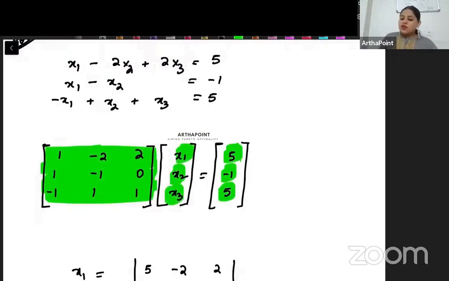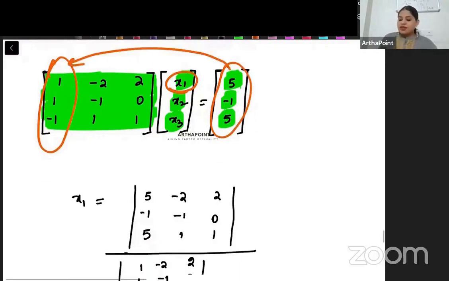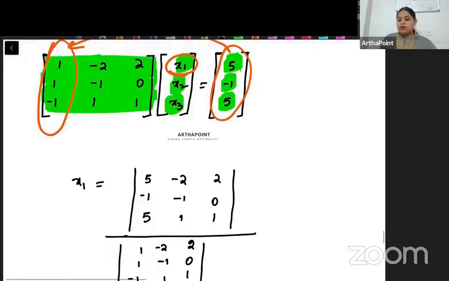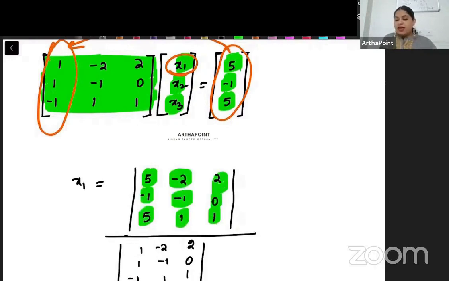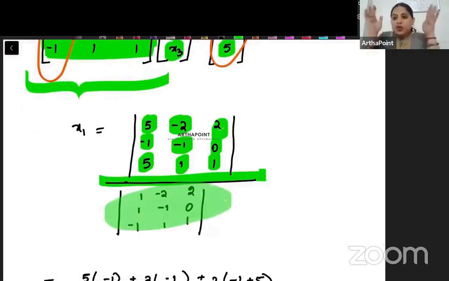Now, if you ask me to find the value of x1, I will replace the first column with this. This will become the first column. So determinant of 5, minus 1, 5, minus 2, minus 1, 1, 2, 0, 1, divided by the determinant of this itself. But you could have solved by the method of simultaneous solution also.